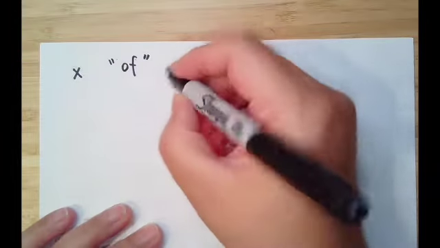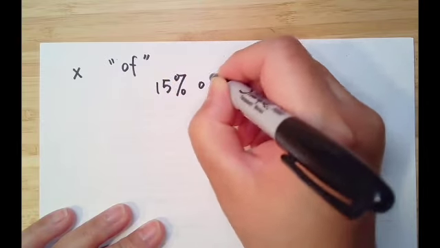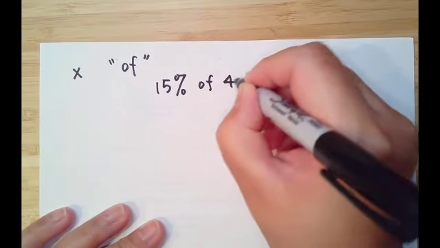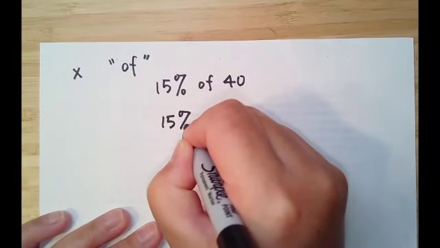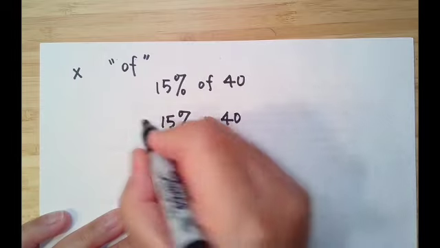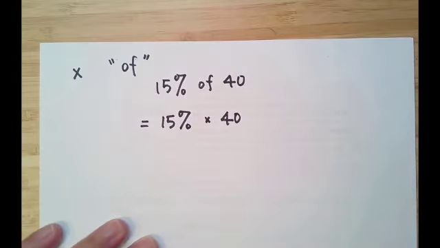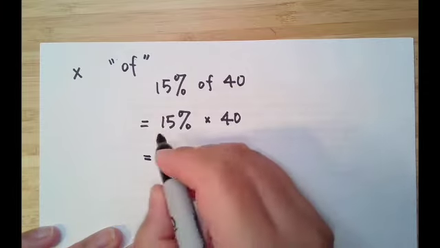For example, 15% of 40, which means 15% times 40. Okay. This "of" means times.